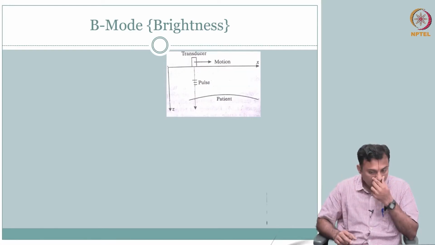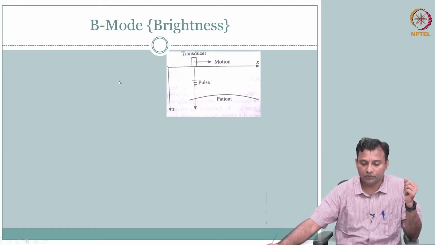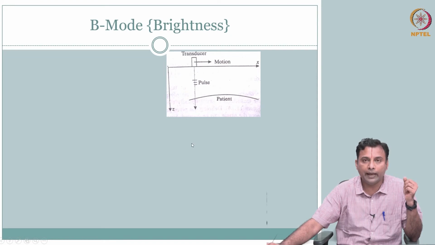So this is what we saw. You could use this transducer, you could get one A mode, an A line, we call amplitude mode, and at the next pulse you move this, and this way you could scan and get a whole X by Z image, Z being the depth, X in this direction being the lateral direction we refer to. So this will be the image.